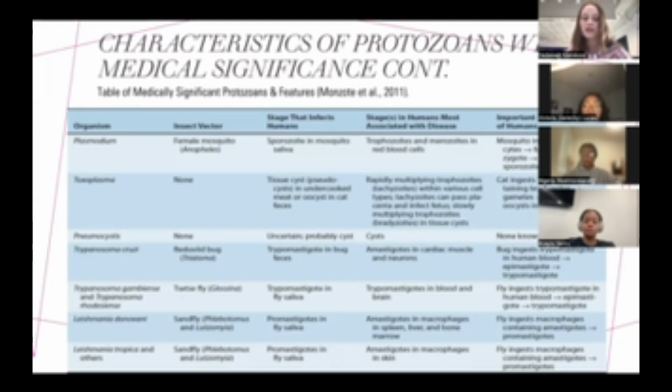And some of the vectors: many of these protozoans are transmitted through an arthropod or secondary mammalian vector, including the Anopheles mosquito, targeting trophocytes, monocytes, and red blood cells, or even the tsetse fly, found with the Trypanosoma gambiense and Trypanosoma rhodesiense species.